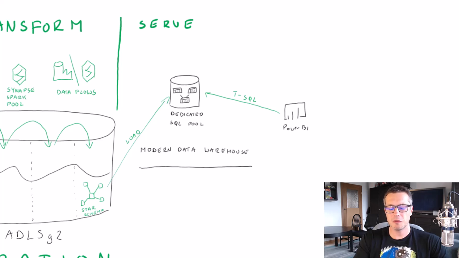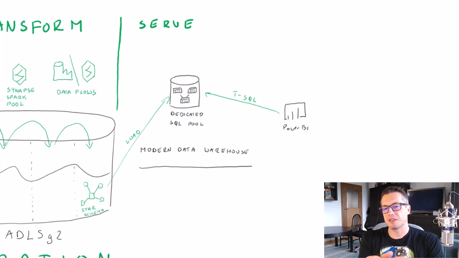And you know already that it is not always the case with the Delta format that we used on a data lake. Not every tool can connect to it, so we might need this intermediate layer that would be used as a kind of translator from Delta to SQL.